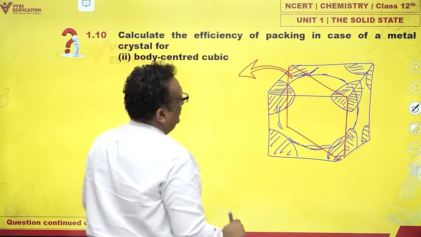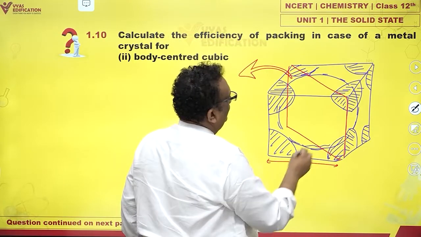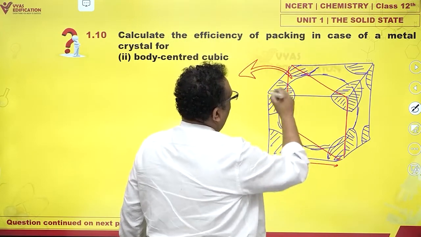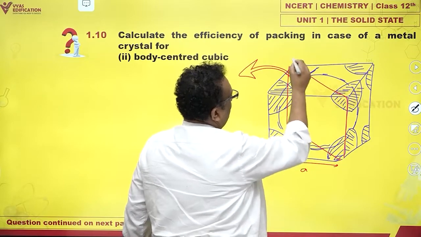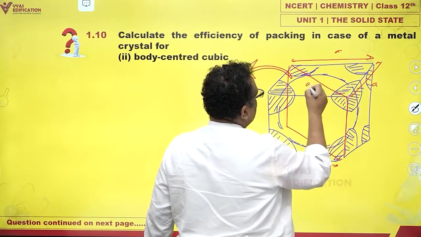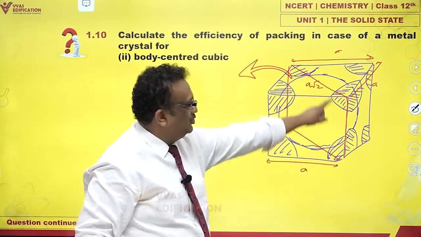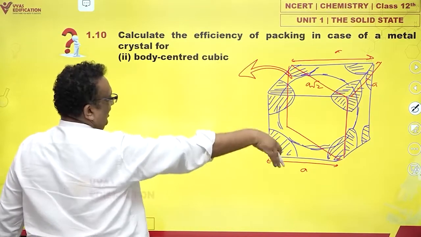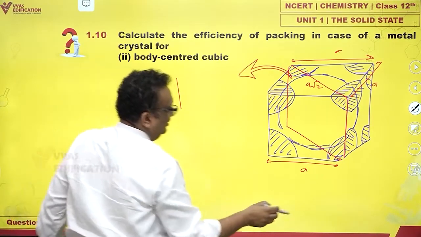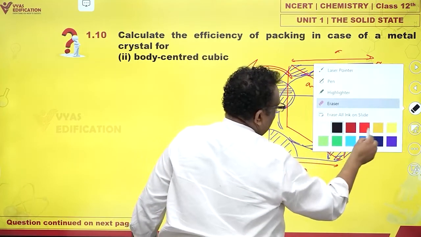See, if this edge is A, this side is A, and this also is A, so this is A root 2. Oh wow. And what about this? This also is A. So actually, if I cut this away, what I have is a rectangle.